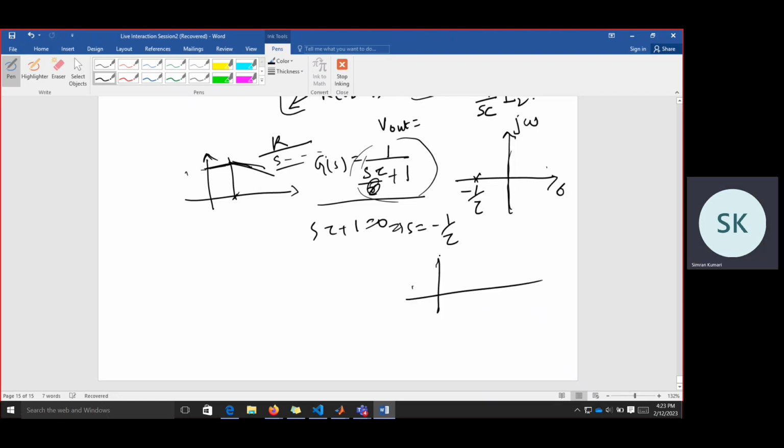Now how will the system behave for different frequencies of the signal? Suppose it's a DC signal. How will we get the magnitude of the output, or the impulse response? It will be the distance from here to here. And as we increase the frequency, this distance will change.